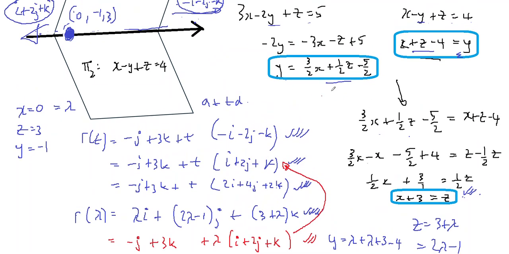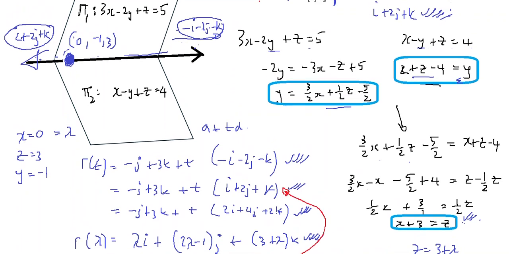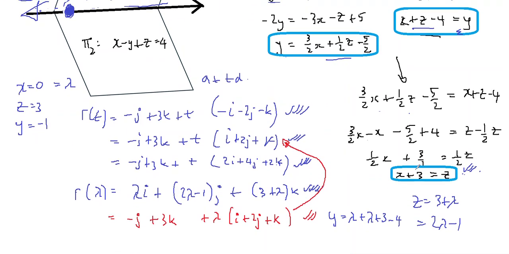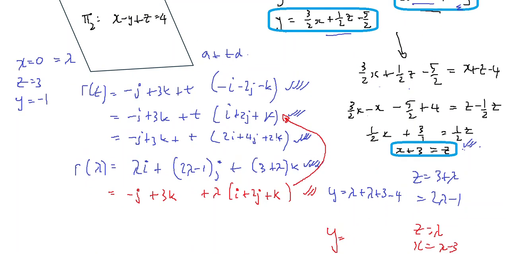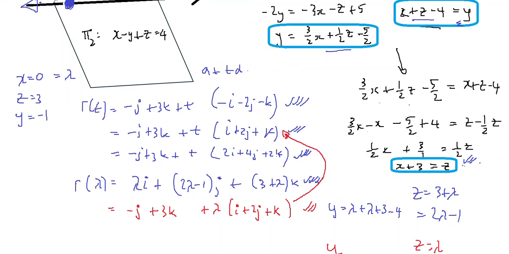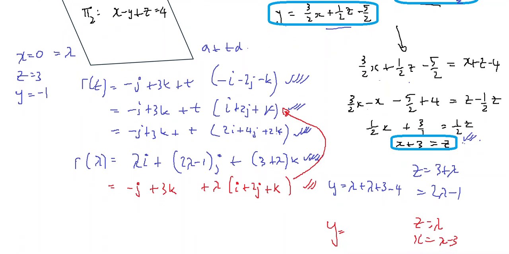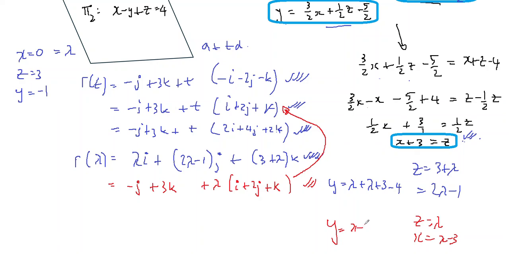Now, had you arranged these differently, you could have made z equal to lambda. Then x would have been lambda minus 3 and y would have been x plus z minus 4, so lambda minus 3 plus lambda minus 4, is that correct? Yep.